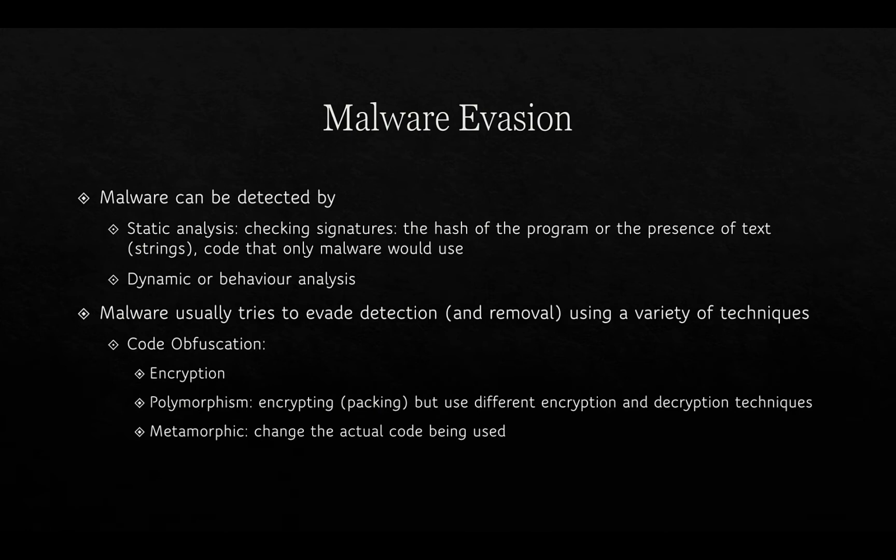Another approach still is metamorphic, where we change the actual code being used on a random basis so that there are a number of variants and it's not going to show up. It's going to change the hash potentially of the file, but also try and avoid static analysis.